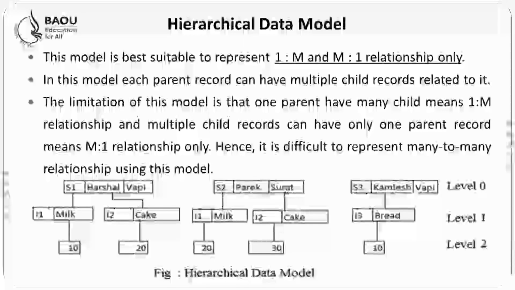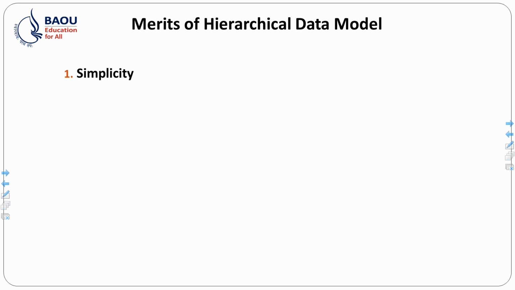Now, here we see the merits of the hierarchical model. What do you mean by merits of hierarchical data model? It is the advantages. First is simplicity. It is simple and easy to understand and implement because it is always one to many and many to one relationship.